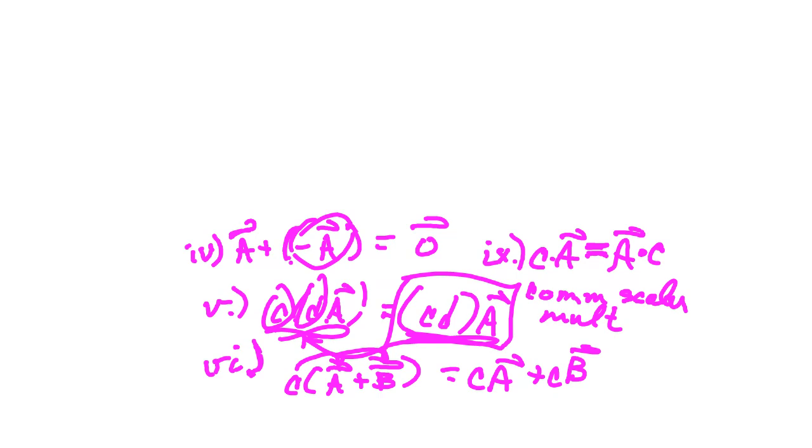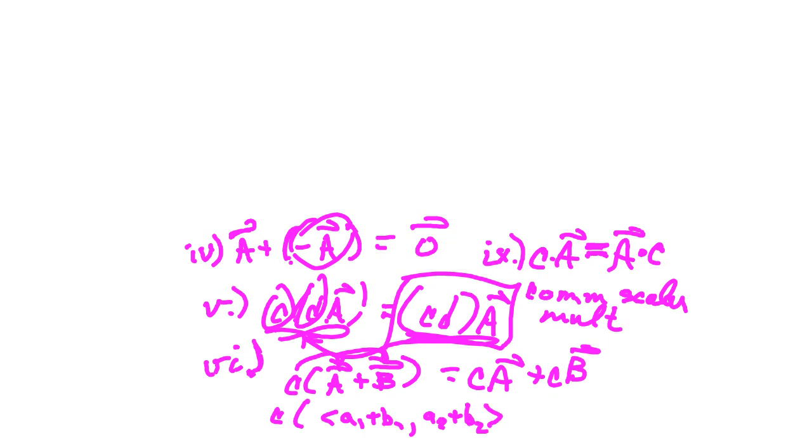Once again, we can prove this, because this would be C times the vector. What if this is A1, A2, and B is B1, B2? This is A1 plus B1, and then A2 plus B2, right?